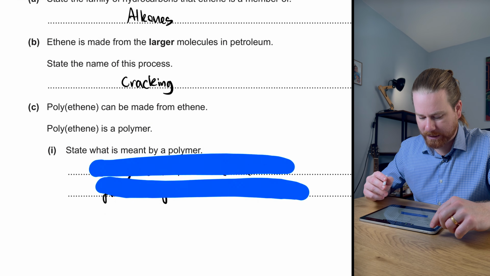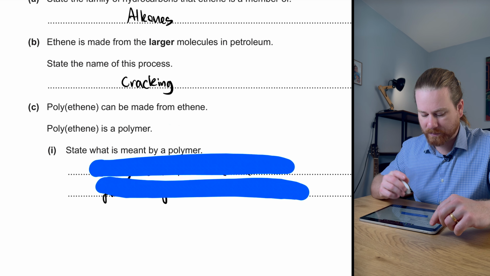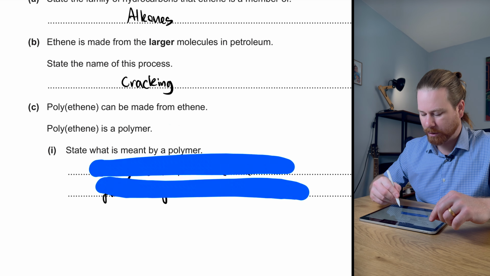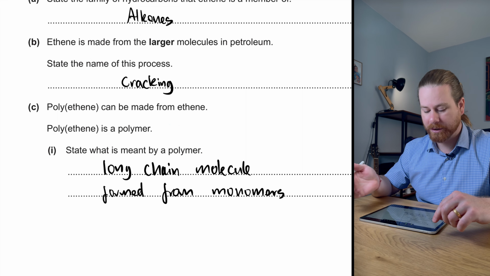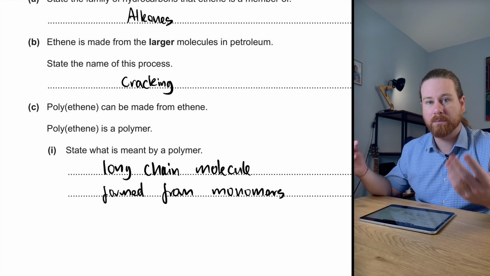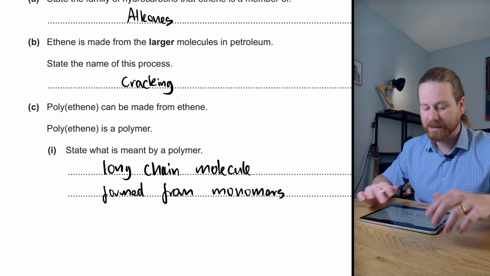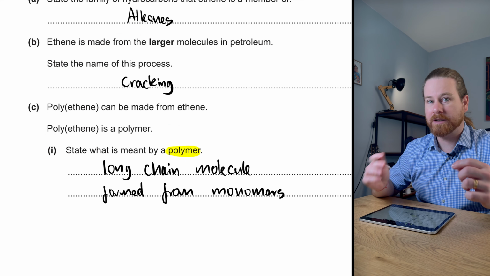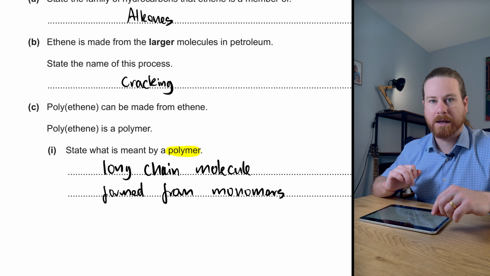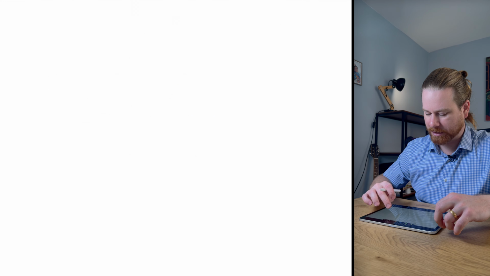Polyethene can be made from ethene. Ethene is a polymer. What is meant by a polymer? So polymers are long chain molecules formed from monomers. This is one of the many definitions that you need to learn. Definitely learn and remember this definition, as it does come up quite a lot.